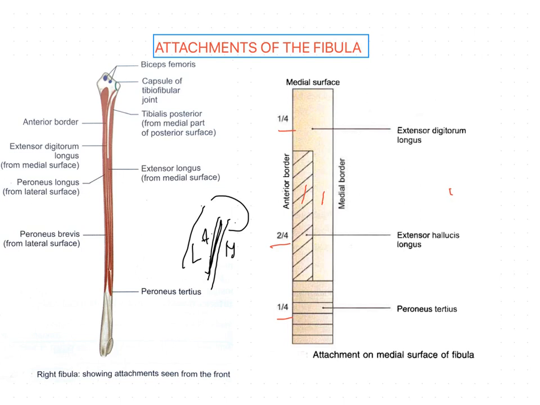The medial surface of the shaft gives origin to the extensor digitorum longus from the whole of the upper 1/4 and from the anterior half of the middle 2/4.